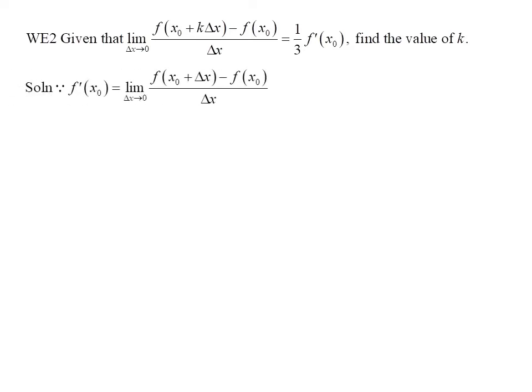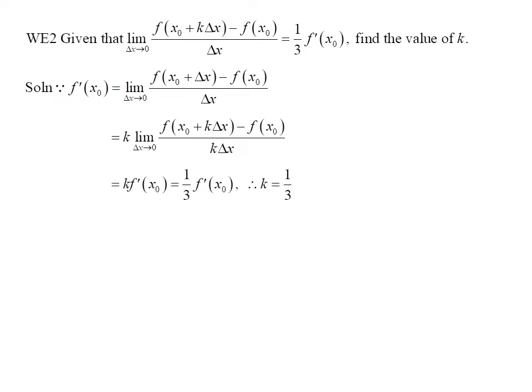According to the first principle, the derivative of f of x at the point x naught is written to the limit of f of x naught plus delta x minus f of x naught all over delta x as delta x approaches 0, which can be arranged to k times the limit of f of x naught plus k delta x minus f of x naught all over k delta x as delta x approaches 0, which can be further simplified to k f prime of x naught.